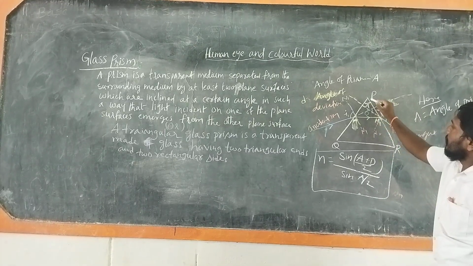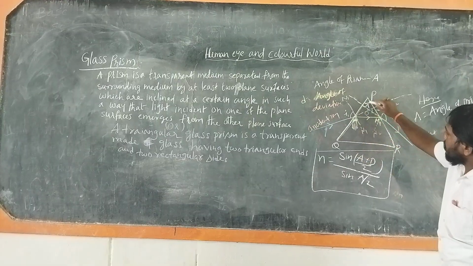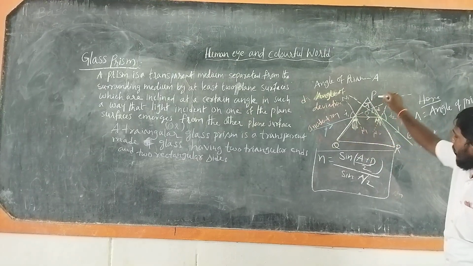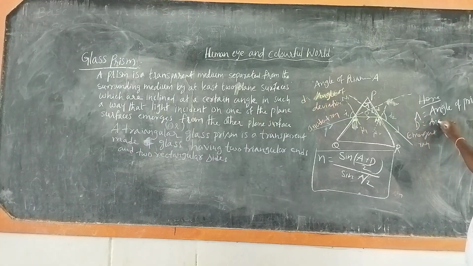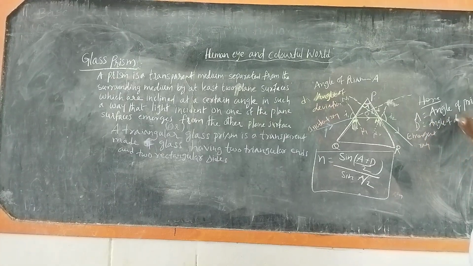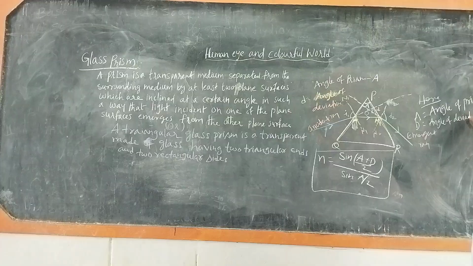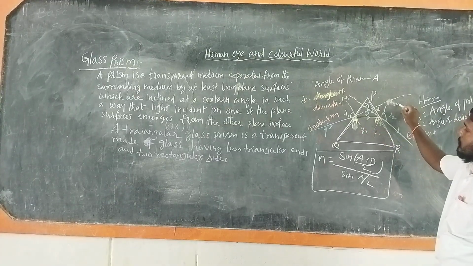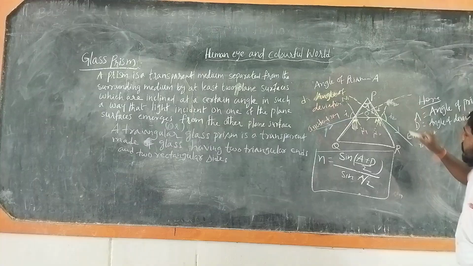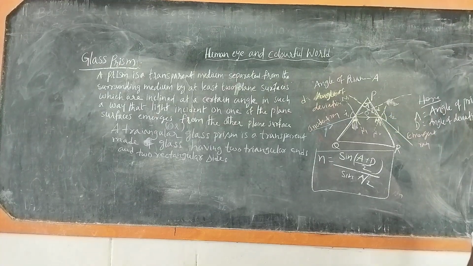A is the angle between the two sides PQ and PR, whereas B is the angle of deviation, which is the angle between the incident ray and the emergent ray.